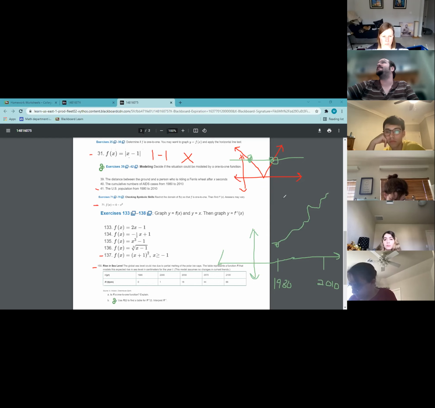Is it 1-to-1? Will it pass the vertical or horizontal line test? If it's going up, yes, it's 1-to-1 because it's going up. It's all going up and up and up. It's never going to level out. I mean, there's people being born, there's people dying, but there's more people being born than there are people dying, right?